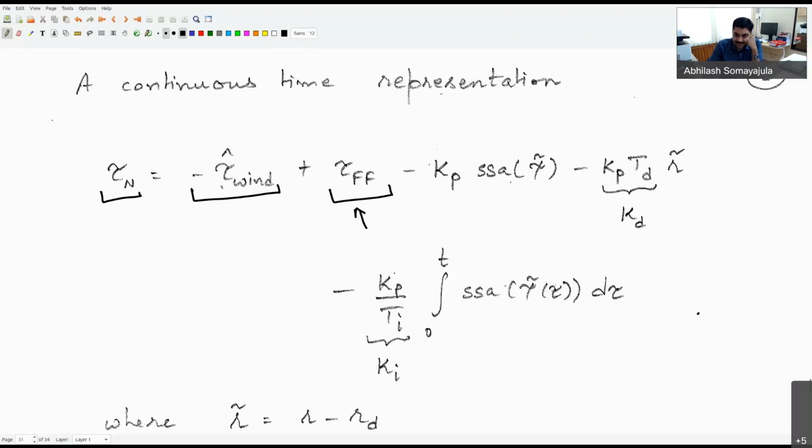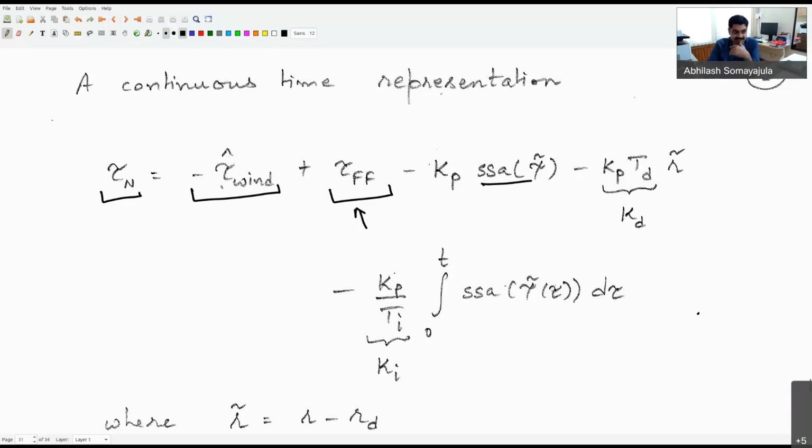Minus Kp times SSA, which is that small sine angle, which is that if we are taking a difference between two angles, we want to look at the smallest angle between them, rather than seeing a jump when it starts to cross the 2 pi value.